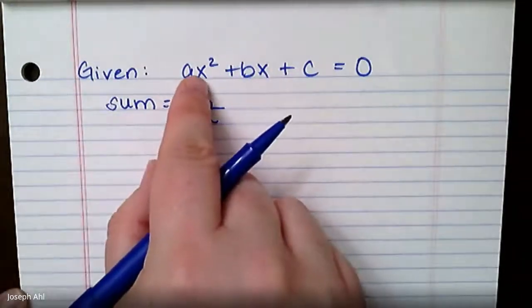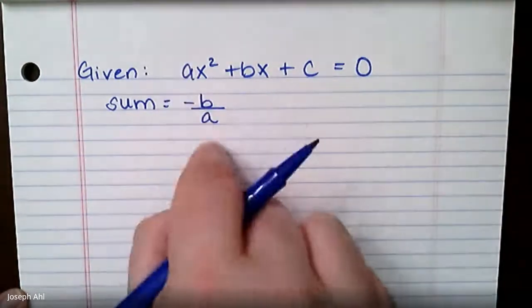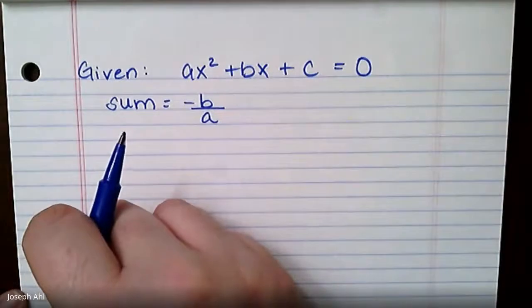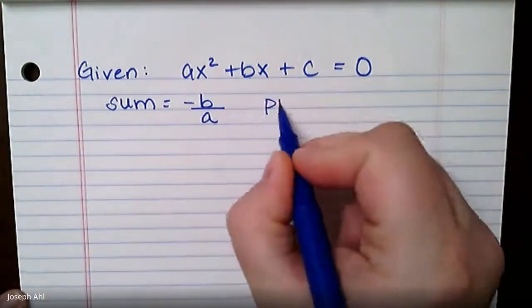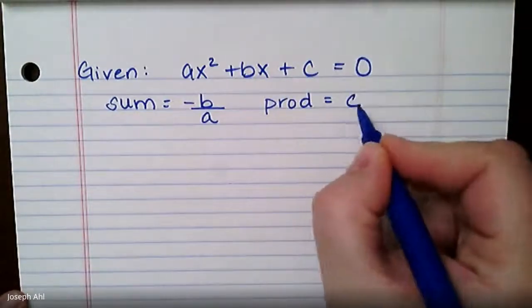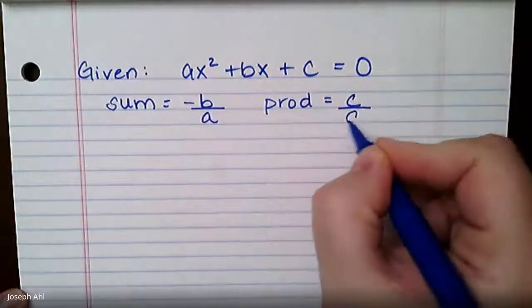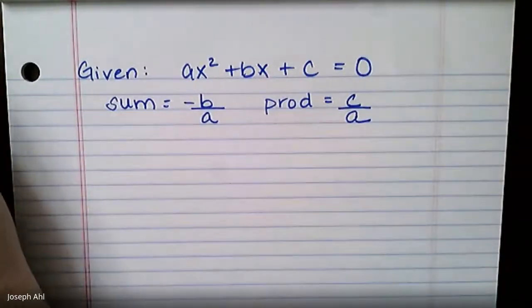And in a lot of our cases, a might wind up being 1, so that's fine. But if a is not 1, we have to take that into account, just like the last example we saw. And therefore, if we think about the product of the roots, we can't just say that the product is the last coefficient, c. And by the way, we keep this sign for the product always. But it winds up being c divided by a.